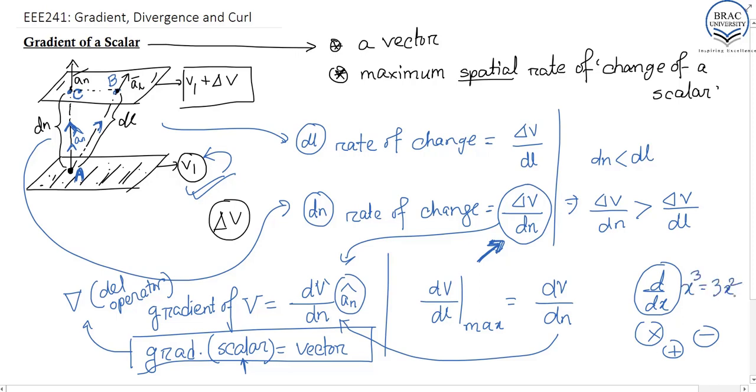Similarly, nabla is called the del operator, which is basically a differential operator associated with the spatial variables. Okay, so d/dn over here has something to do with the space variables.